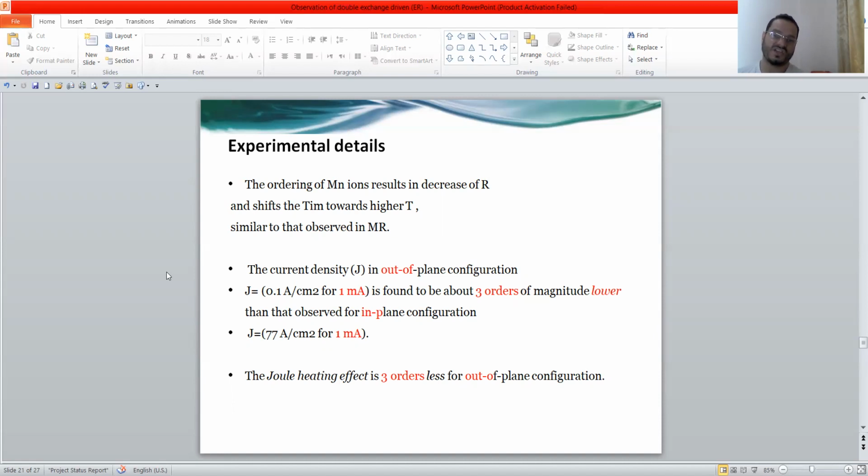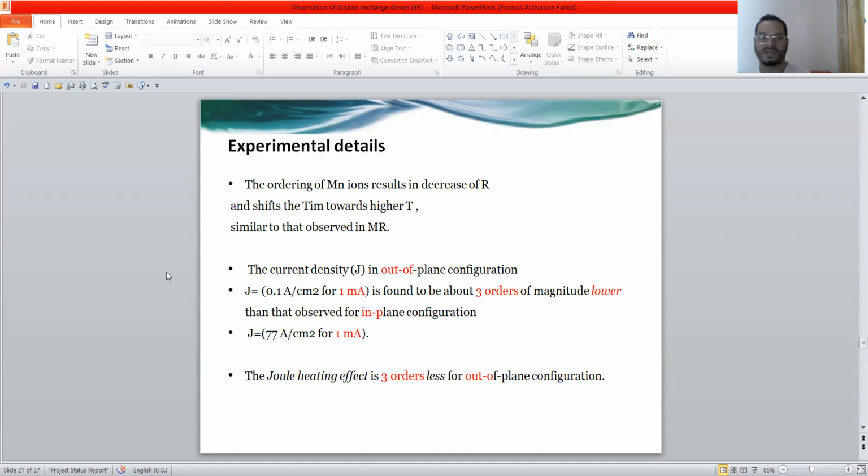The current density J in the out of plane configuration equals approximately 0.1 ampere per square centimeter at a specific current of 1 milliampere, which is found to be about 3 times lower than observed in the in-plane.